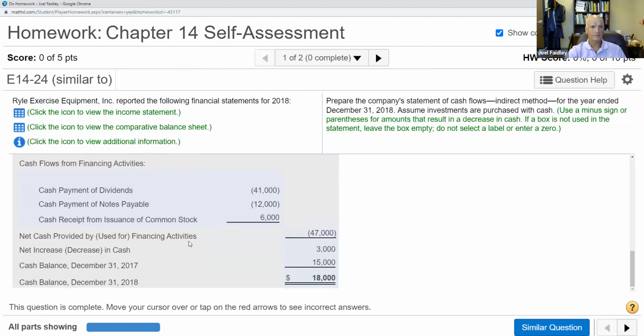I don't remember exactly. It's not any non-cash items, is there? So we're trying to figure out here, if I started with $15,000 in cash on the prior year's balance sheet, remember, point in time is a balance sheet, and now we're at 18,000. I want to explain, why did my cash go up $3,000?